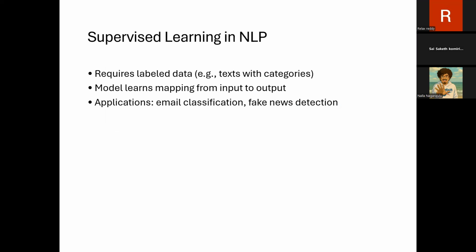And then when it comes to supervised learning in NLP, supervised learning is one of the most common approaches used in NLP. It involves training a model using input-output pairs. In our case, pieces of text with known labels. Let's think of a data set of 10,000 tweets labeled as positive, neutral, or negative.